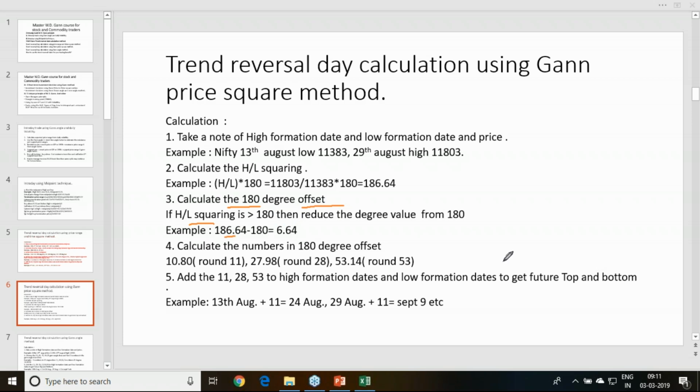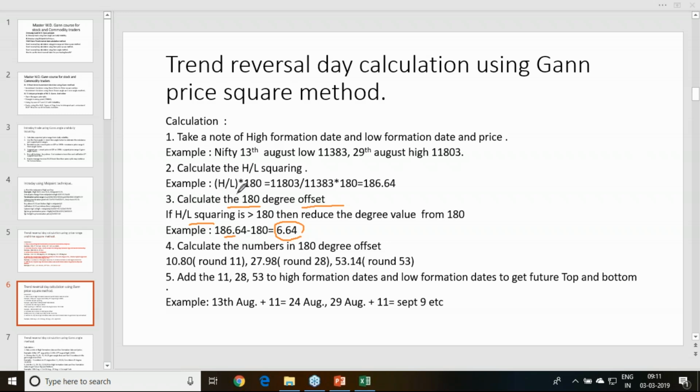So 186.64 minus 180 will give you 6.64. So this is the 180 degree offset you found out. It is telling that the 6.64 degree is now important for your timing analysis.